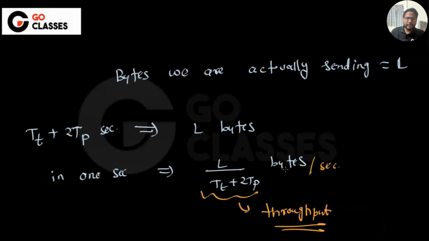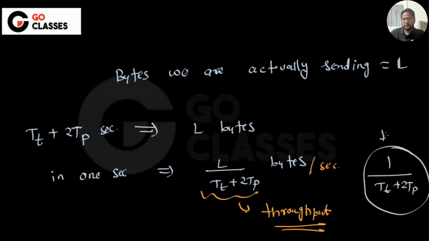Can anyone quickly tell me what the throughput is in packets per second? In this much time you are sending one packet only, right? So in 1 second you are sending 1 upon TT plus 2TP packets per second.